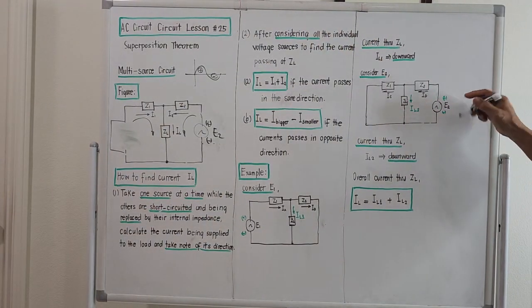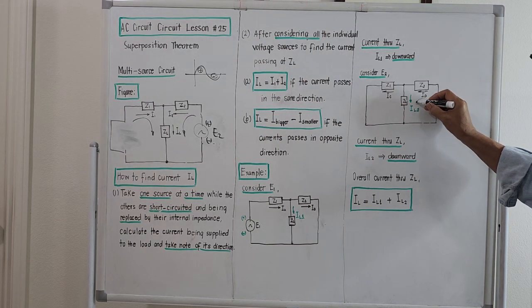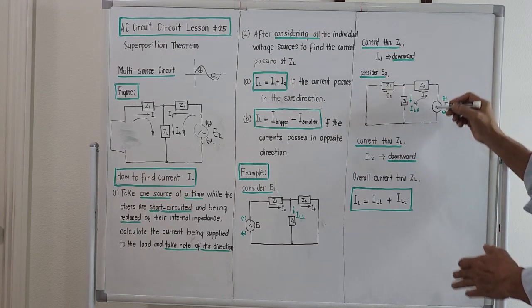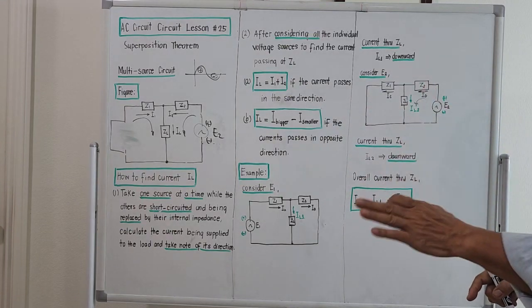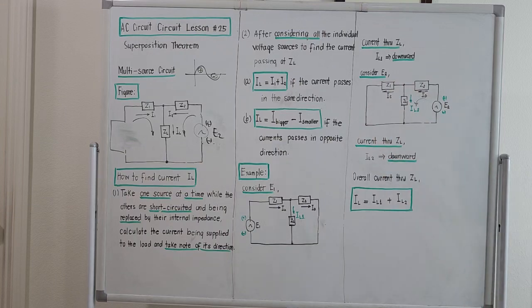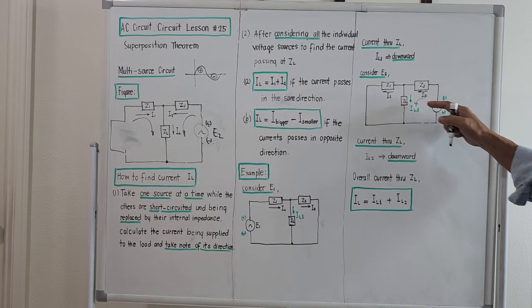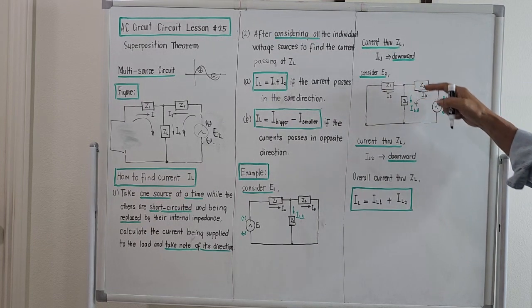Of course, when it alternates, it will go like that. But we're just taking note of the first inrush of current. So due to E2, the current passing through ZL will be downward.